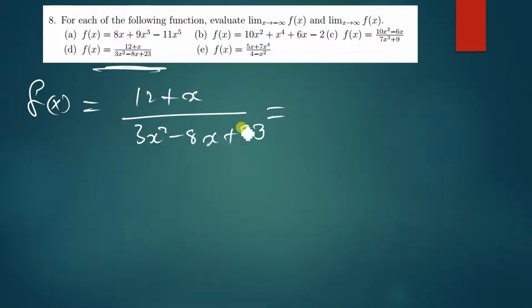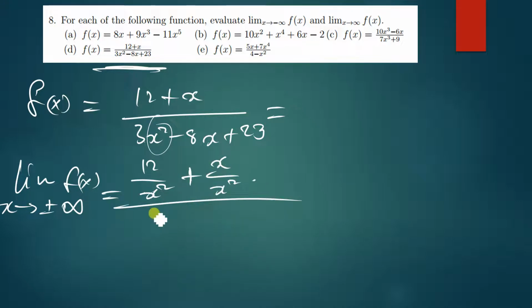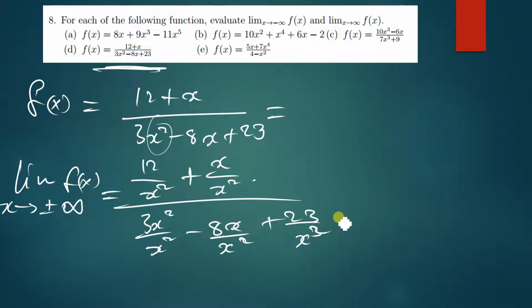So the limit of f of x as x approaches positive or negative infinity will be equal to 12 over x to the power 2, because x to the power 2 has the highest degree, plus x over x squared, and then divided by 3x squared over x squared minus 8x over x squared plus 23 over x squared.